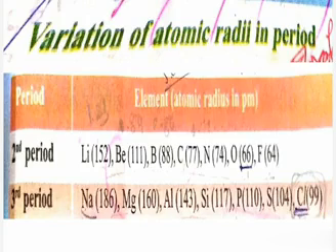Why? Because in the period, when we are going from left to right, electrons are entering into the same main shell. For example, sodium, atomic number 11, electronic configuration 1s2, 2s2, 2p6, 3s1, entering the third shell only.